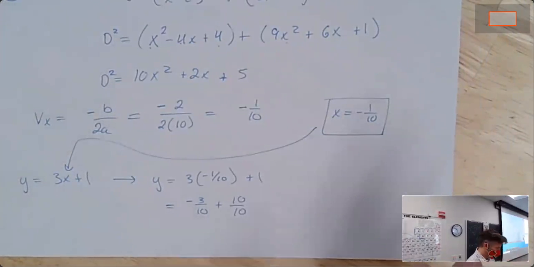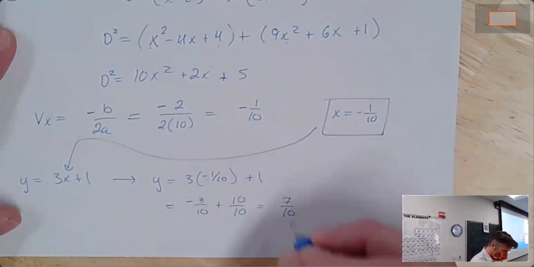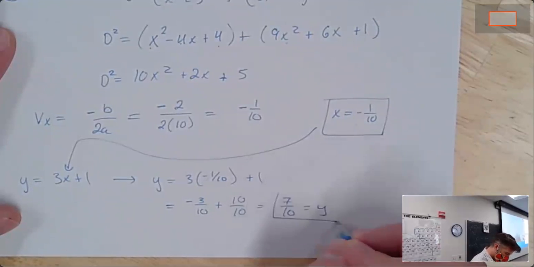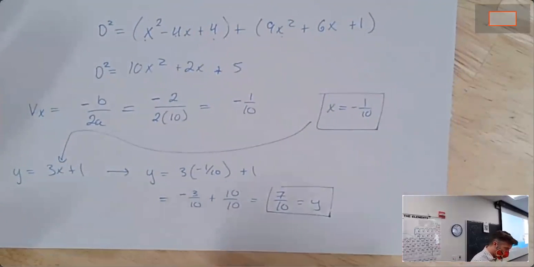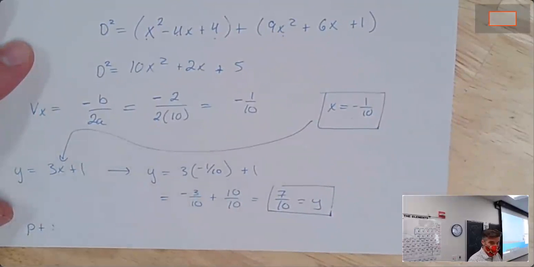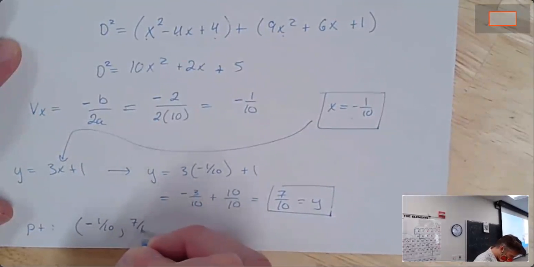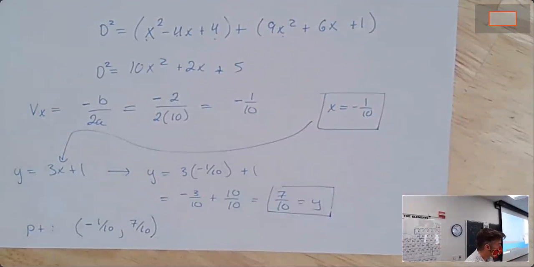Good. And then negative 3/10 plus 10/10 is 7/10. So the point on the line y equals 3x plus 1 that is closest to the point 2 comma 0 is negative 1/10 comma 7/10. And we were not asked to find the distance between them, so we're not going to find the distance.